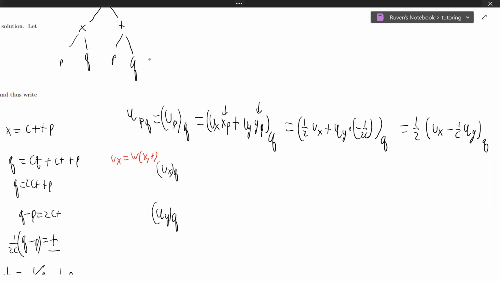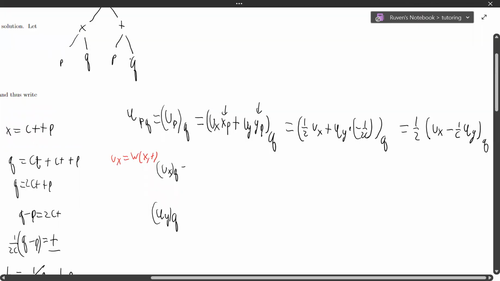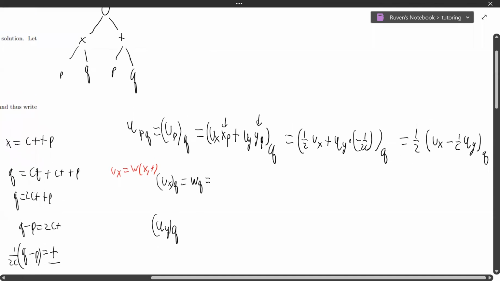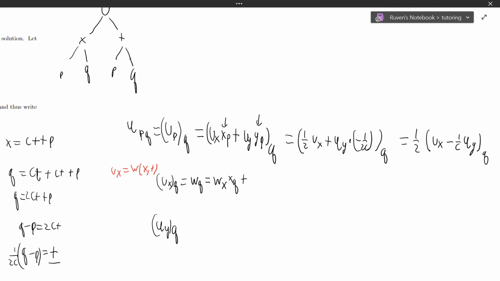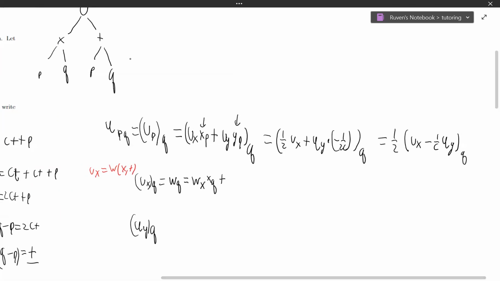So now it's going to be ux of q. It's going to be w of q. And w of q, because it's of x and t, is just going to be wx xq plus wt tq.